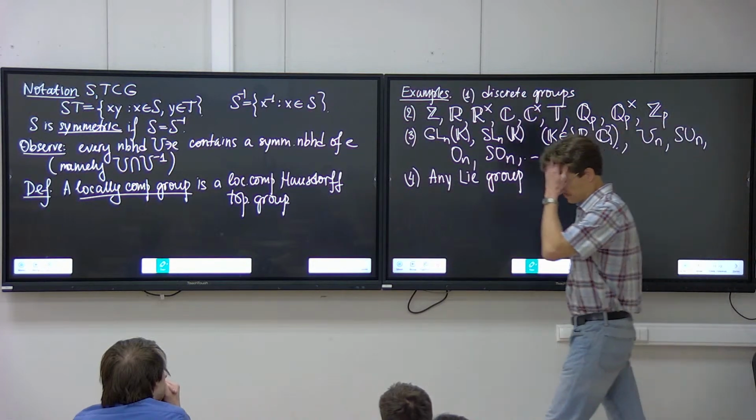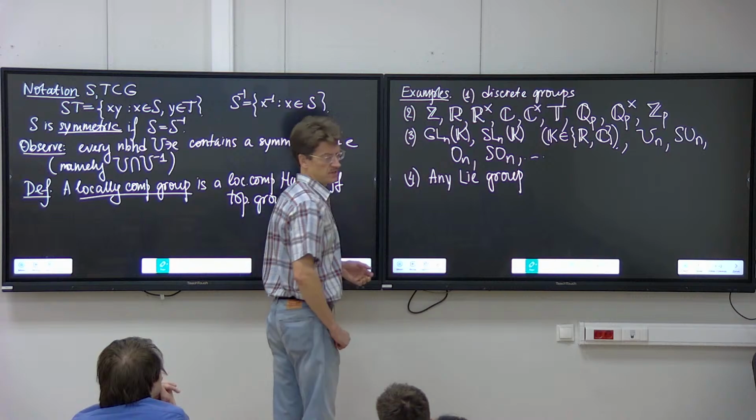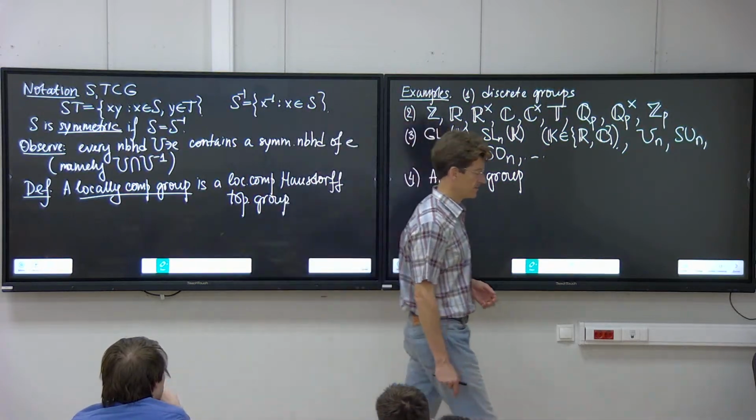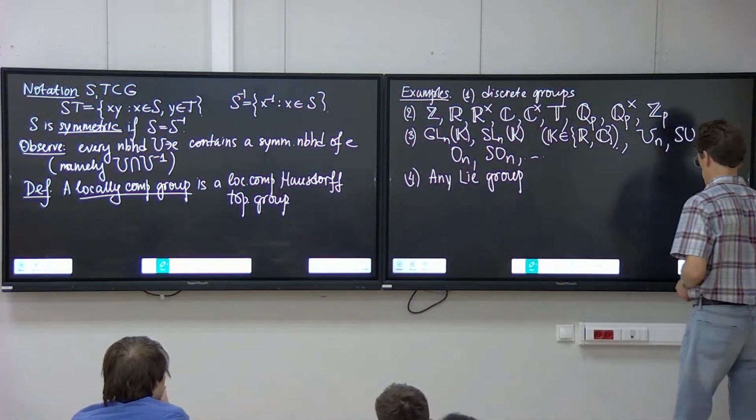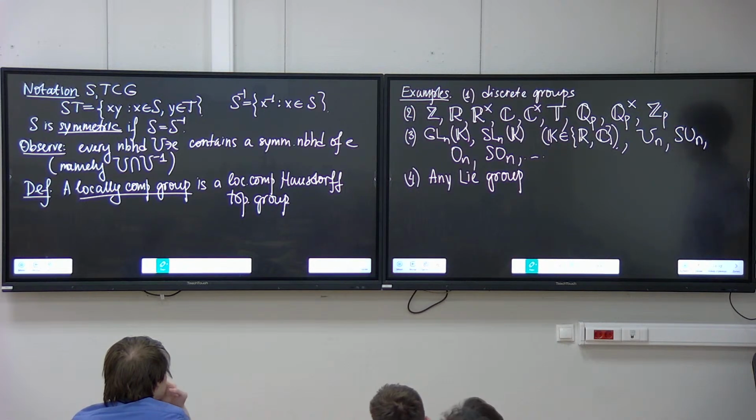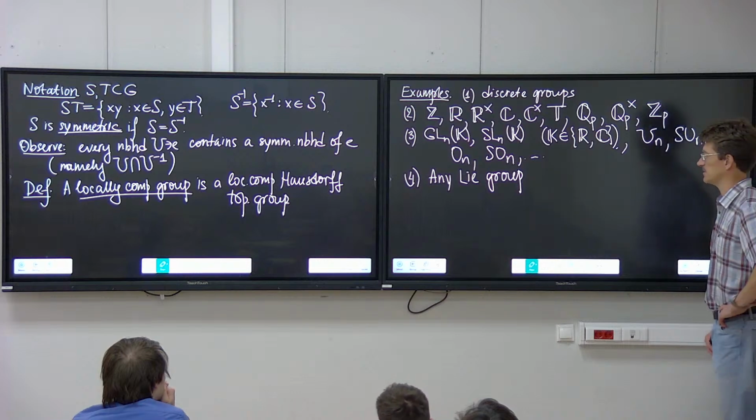Okay, as for non-examples, we have actually two standard non-examples from when we discussed locally compact spaces, namely the group of rationals is a topological group, but it is not locally compact. And the additive group of an infinite dimensional normed space is a topological group, but it is not locally compact.